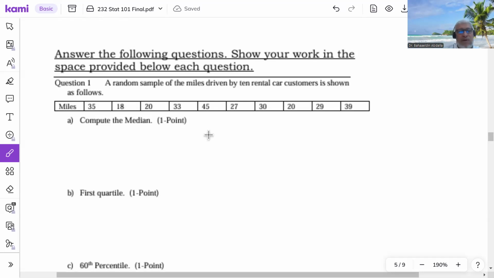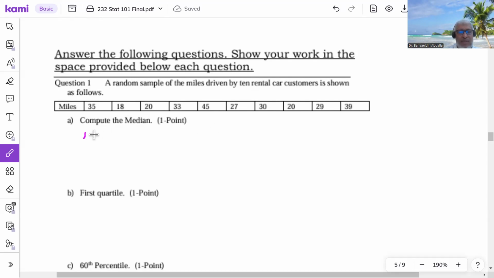Second part, answer the following questions. Question 1: a random sample of the miles driven by 10 rental car customers is shown. Compute the median. To compute the median, I need to arrange these numbers from smallest to largest.